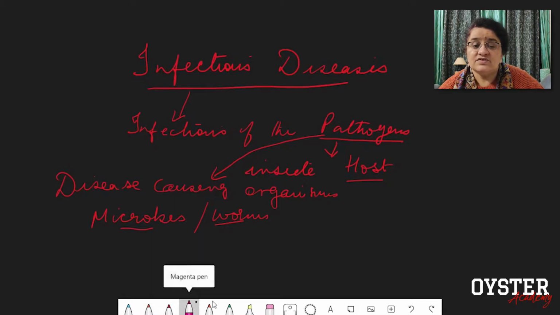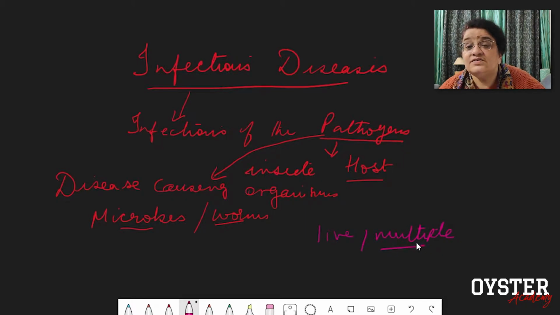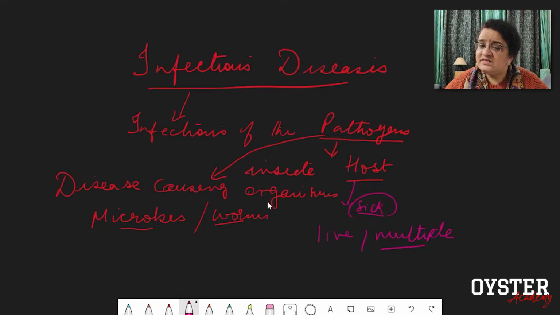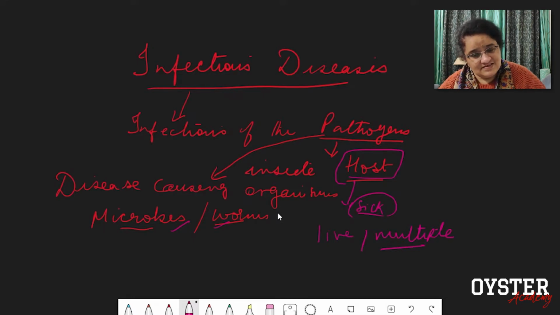They live inside the body of the host, they multiply, and they also use the digested food of the host, and hence they make the host sick. वो host को बीमार कर देते हैं. So these microbes and worms affect the body of the host badly, make the host weak, sick, ill, and that's what a disease is.